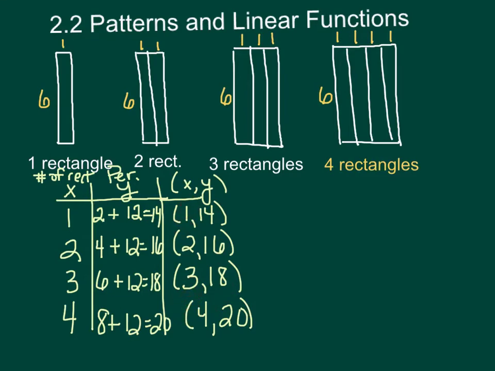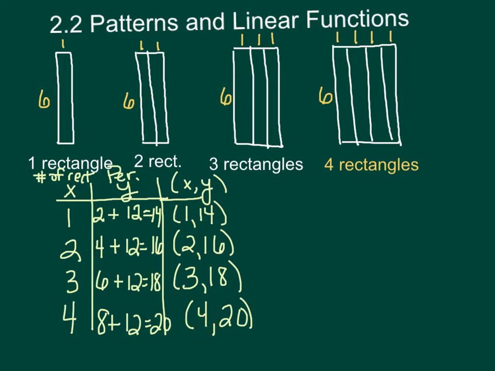So x was the number of rectangles, y is the perimeter of the figure. Now remember, x is your input. We're going to talk about this later, but x will always be your input, what you plug into something. Your y is your output, and we write that as an ordered pair x, y.